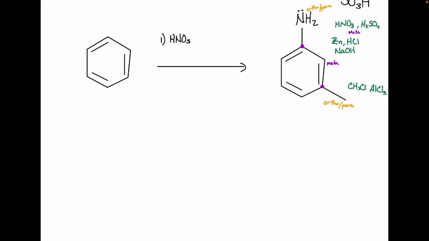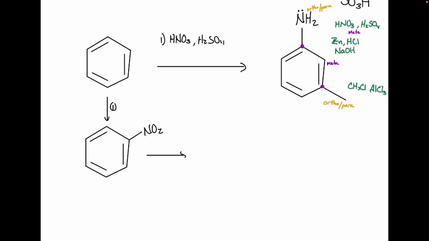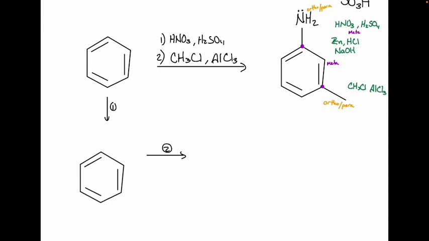First, I'm going to do the nitration step. This will create nitrobenzene. Second, I'm not going to reduce it yet. I'm going to attach that methyl group using that Friedel-Crafts reaction. I guess I can draw it in the same orientation to make it clear.